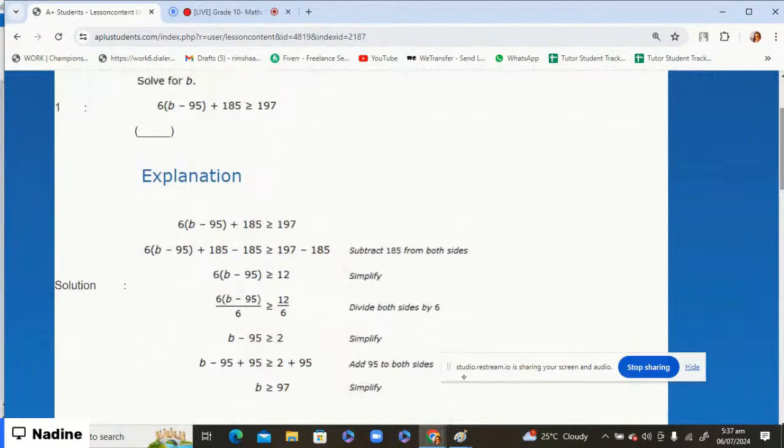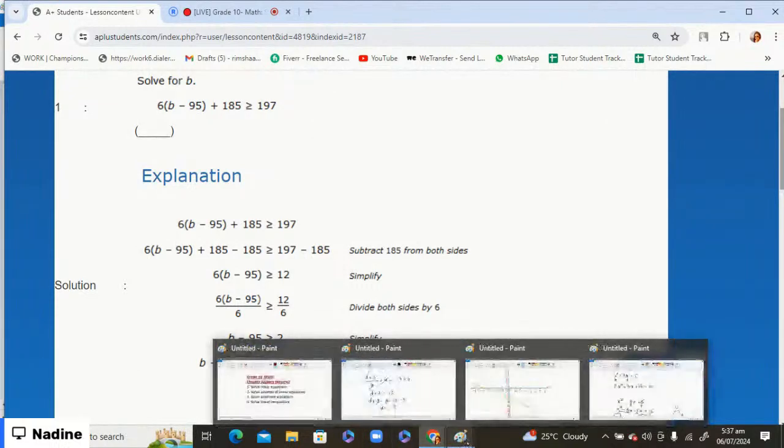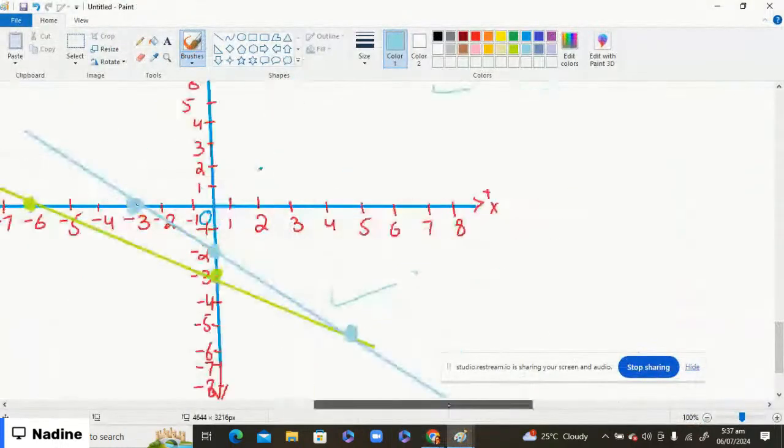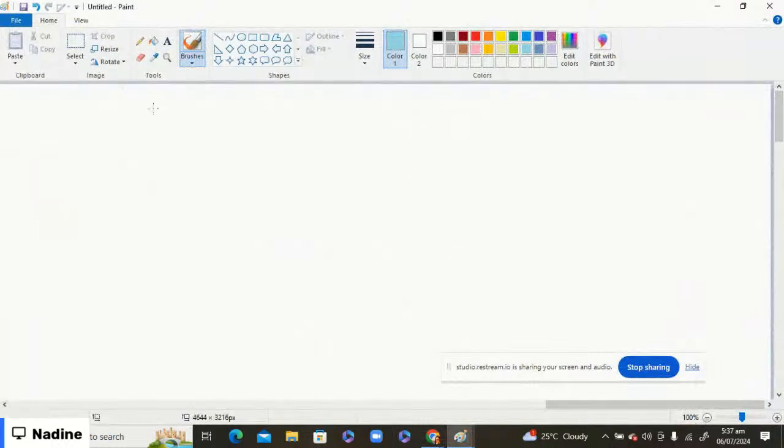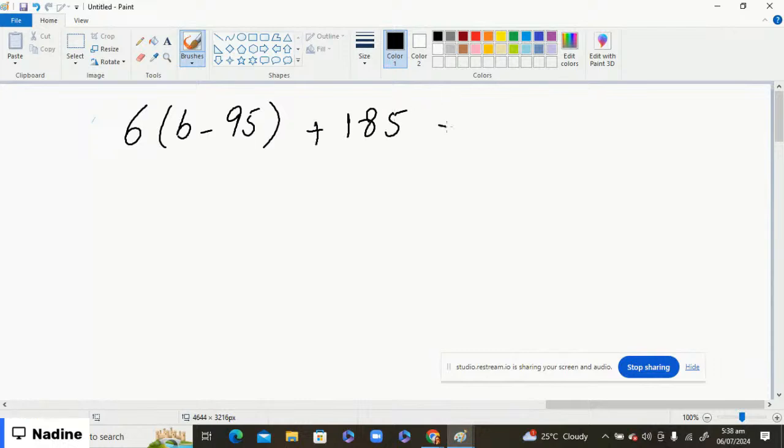Let's do it. 6 into b minus 95 plus 185 greater than or equal to 197. I'm going to write it first.